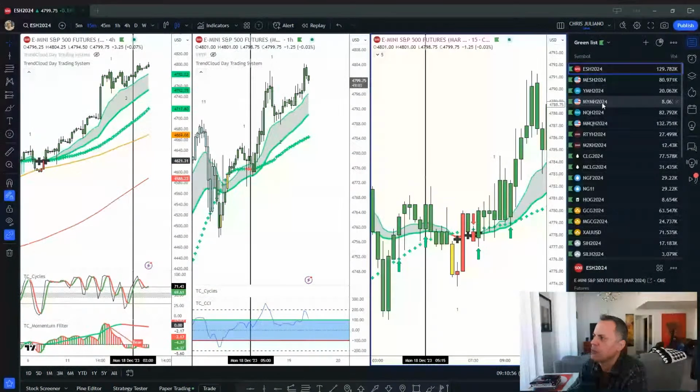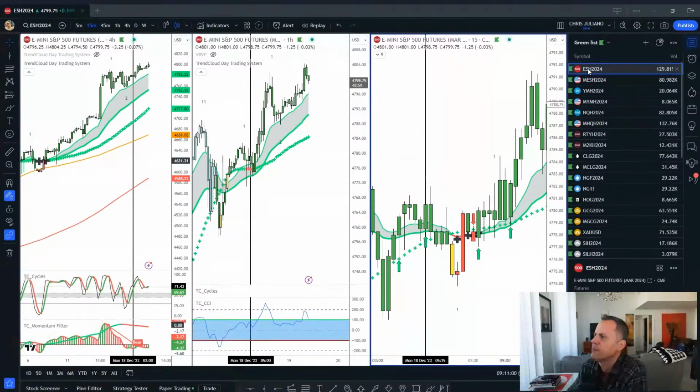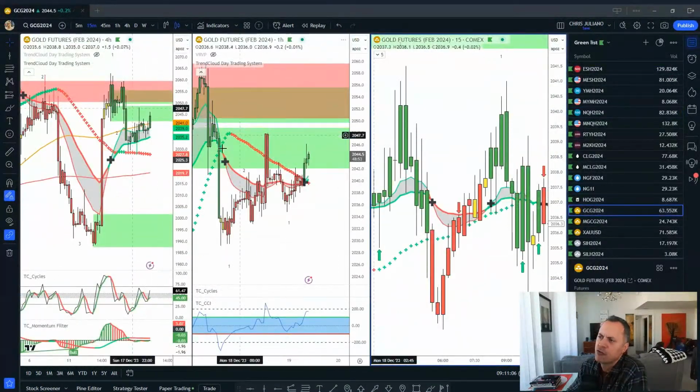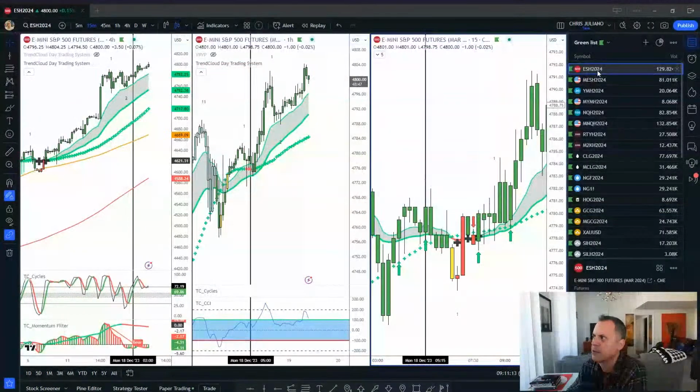If you're going from the S&P to the Nasdaq to gold, and you're trying to look at all this stuff during your trading hours, yeah, that's difficult. Which is why I built the zone scanner.